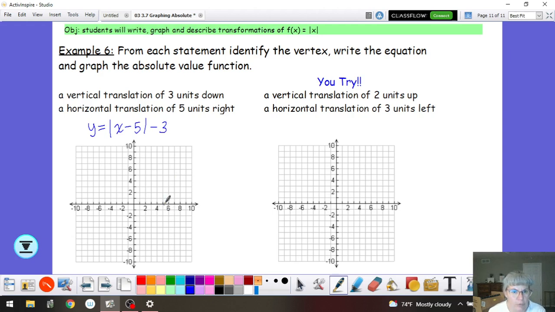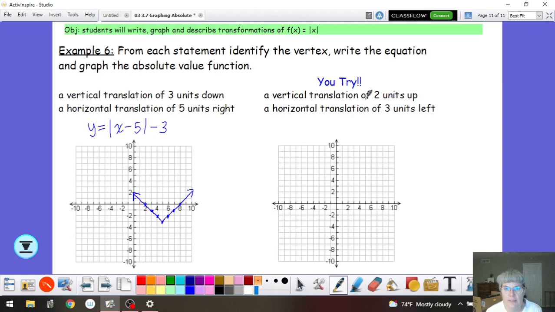Graphing it, we are to the right 5 and we are down 3. We plot our points to create that V shape. Draw the rays through those points and you have your graph.